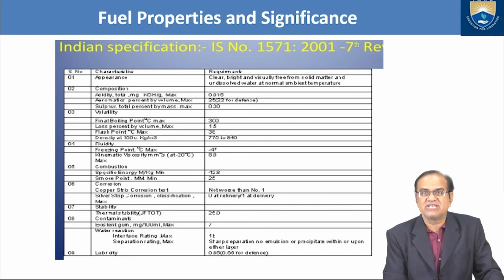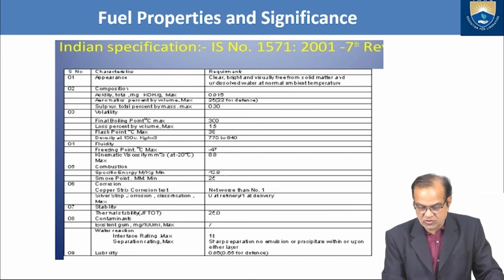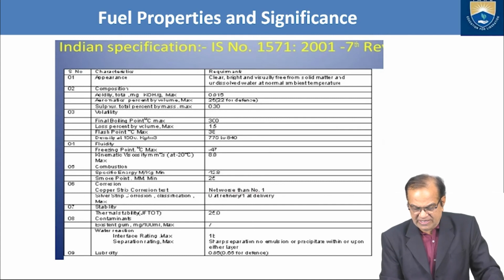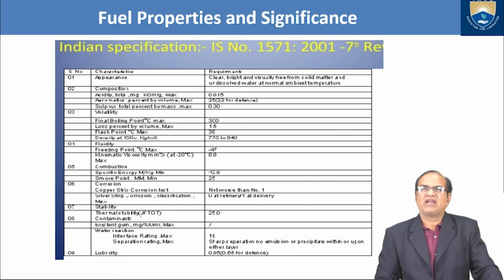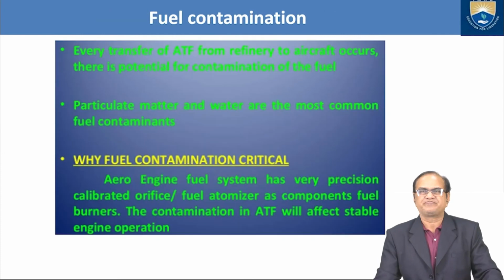If you see the combustion properties, specific energy is 12.9. Smoke point is 26. Corrosion, it is not. These parameters are given only for your reference, for how much the ATF should contain.